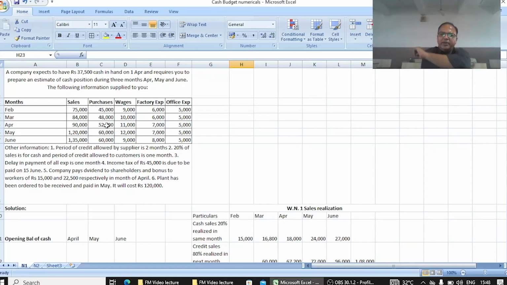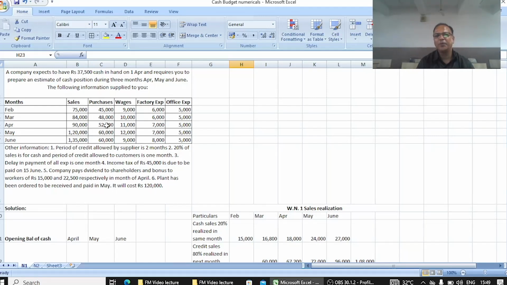And actual means, for example, I purchased some goods in month of January and the costing of the goods was rupees 1 lakh. But I am paying in month of April rupees 1 lakh. Then it will be recorded in month of April, not in the month of March. If we are preparing a statement for financial accounting, it should be recorded in the month of March.